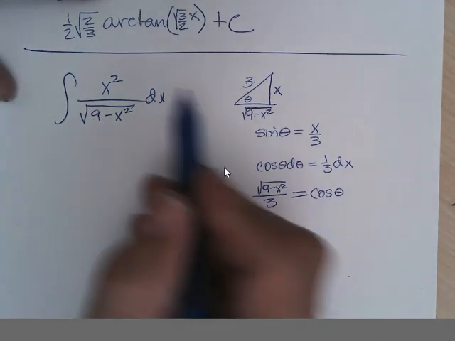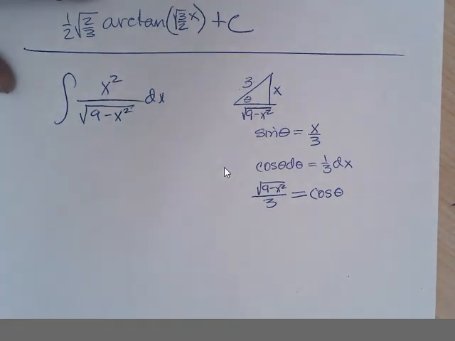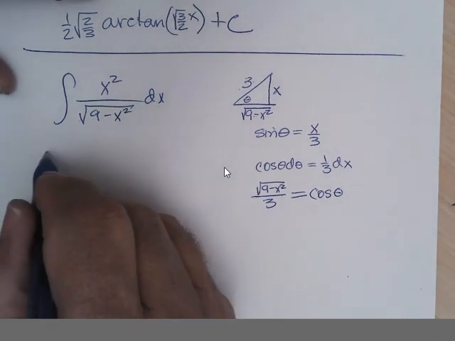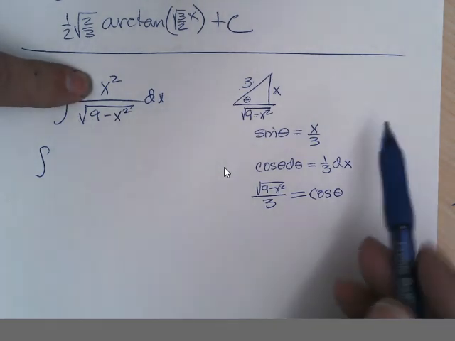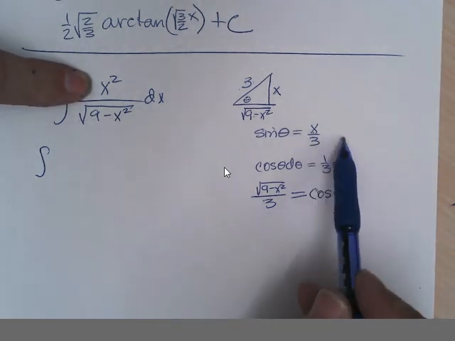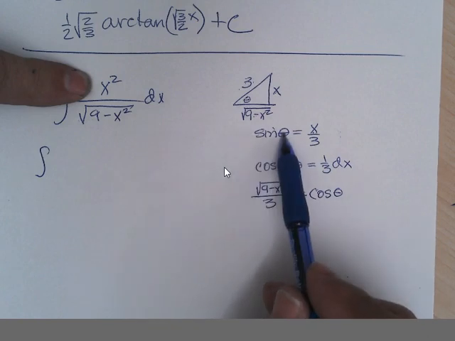So let's go to our problem. So we need to do the antiderivative. Now we can't ignore the x squared anymore. We've got to replace the x squared. What is x equal to? Well, it looks like it's equal to 3 sine theta.